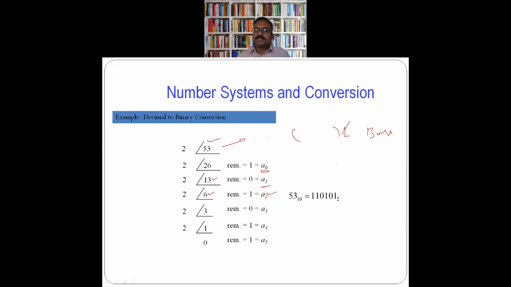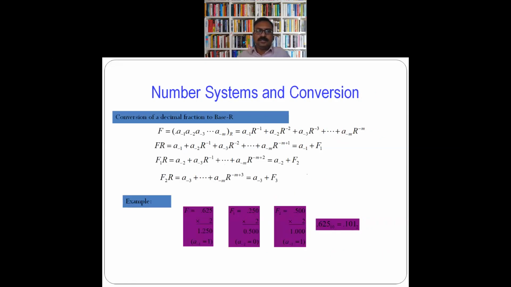Again 6 you divide with 2, quotient is 3, remainder is 0. Again you divide 3 with 2, the quotient is 1, remainder is also 1. Then you write 1 1 0 1 0 1, which is nothing but the binary number equivalent of this 53 in decimal number.